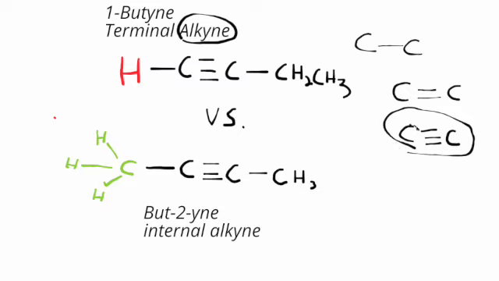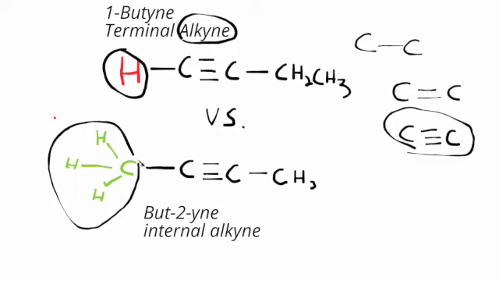All right. So here I have two examples. This first one here, you'll notice I put the hydrogen in red. And then on the second one, I have it in green. Essentially the difference between these two is that one is a terminal alkyne and one is an internal alkyne.